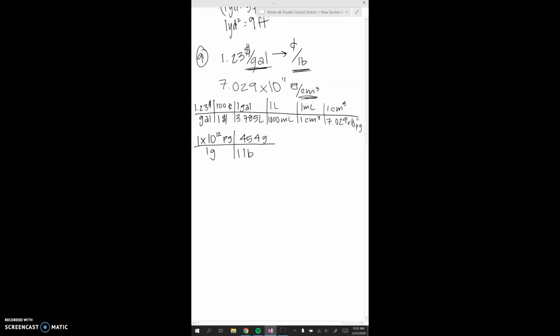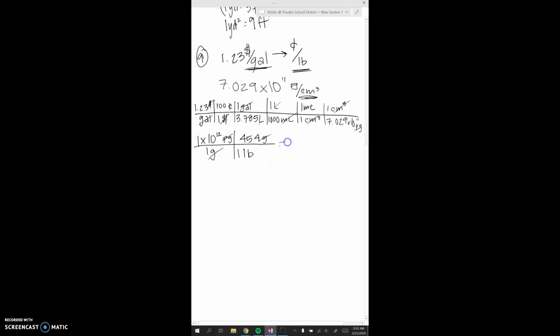So this is in good shape now. My dollars cancel out. I'm left with cents. That's what I want. Gallons cancel out. Liters cancel. Milliliters cancel. Centimeters cubed cancel. Picograms cancel. Grams cancel. I'm left with pounds, which is what I was looking for.